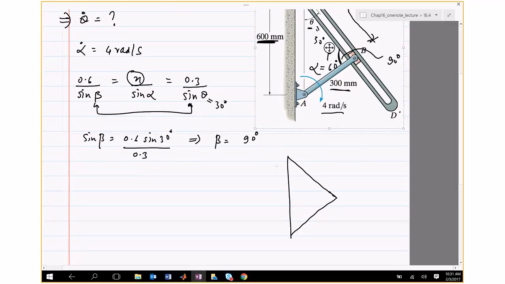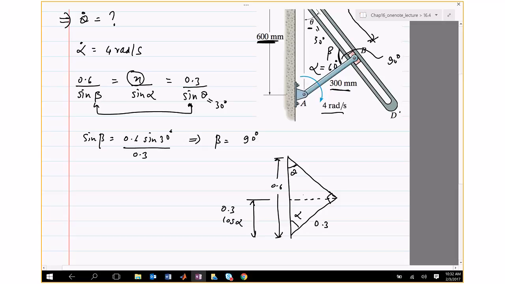So here, see if this makes sense. I'm going to redraw this triangle. This is 0.6. This is 90 degrees. This is 0.3. This is 60 degrees. And let me write this as alpha, and this as theta. So this length here is going to be 0.3 cosine alpha, right?